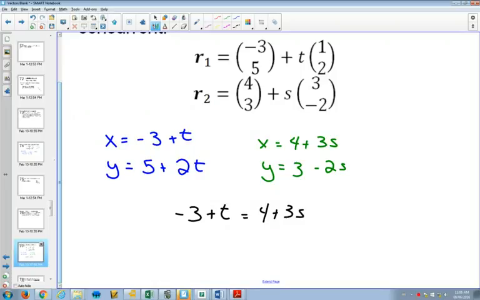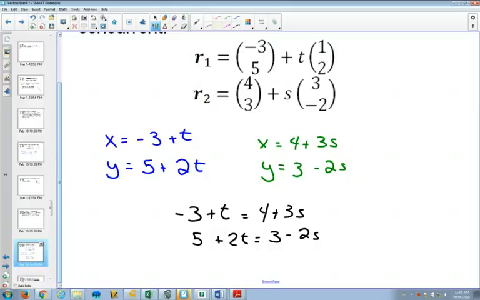And if the y coordinates are the same, then 5 plus 2t would equal 3 minus 2s. So that's just equating the x's and the y's. And you end up with a system of 2 equations with 2 unknowns.